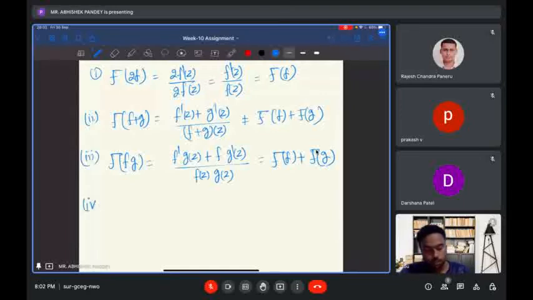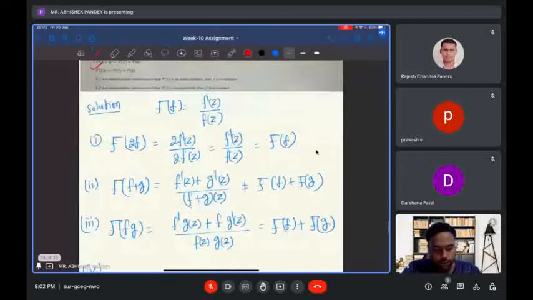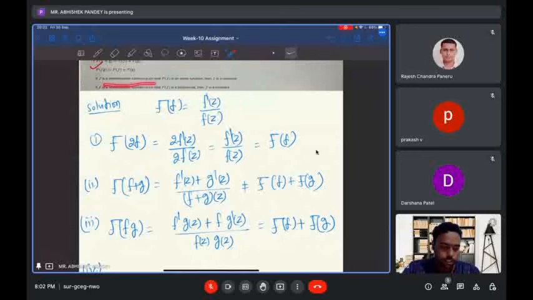Now the fourth option. The second is not correct, the third is correct. The fourth is: if f is a meromorphic function such that F of f is an entire function, then f is constant. This is not true. We will construct an example.